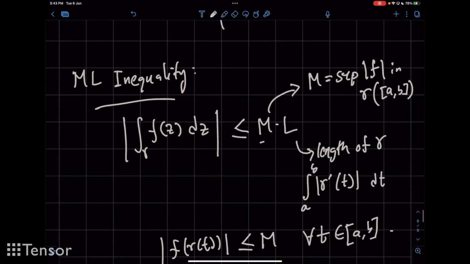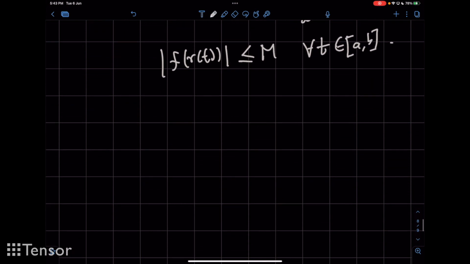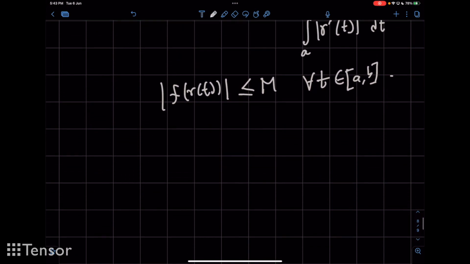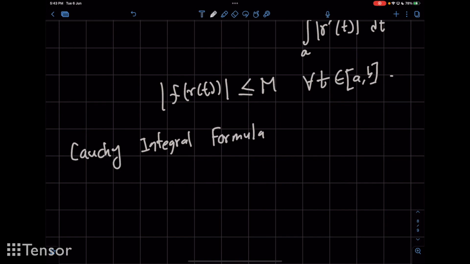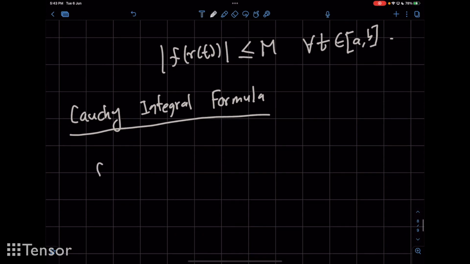All right, so we have covered Cauchy's theorem and the ML inequality. Then I have the Cauchy integral formula. Suppose I have a function f from U to C, and it's holomorphic.